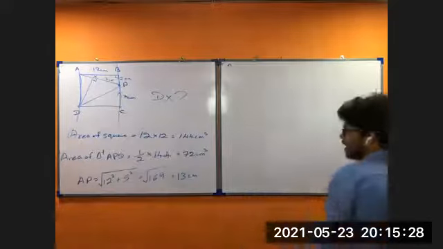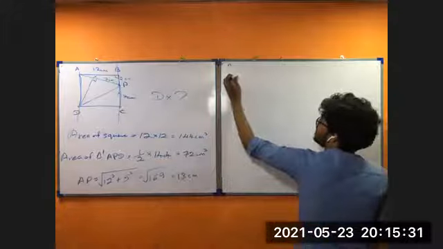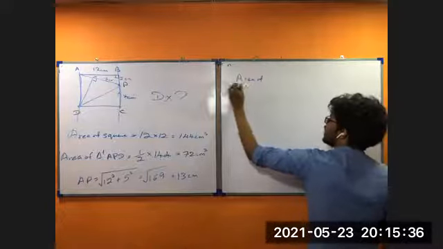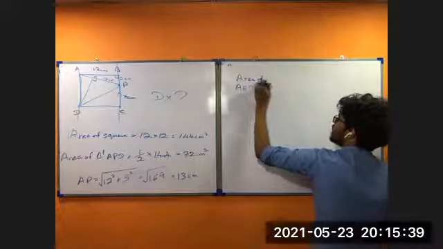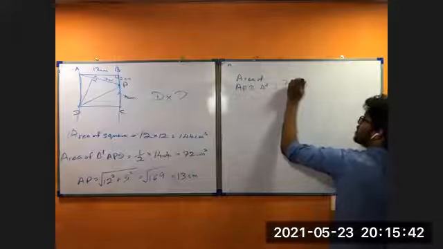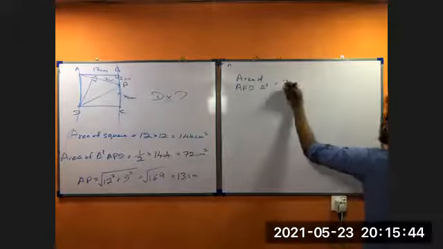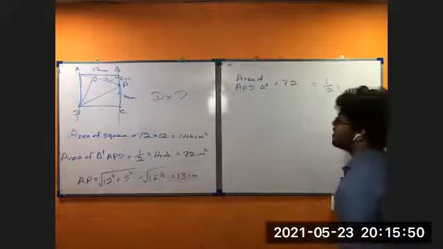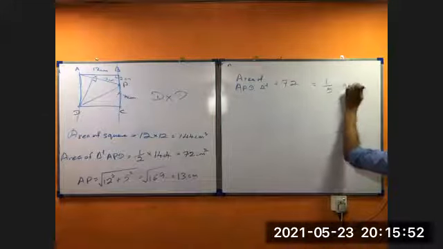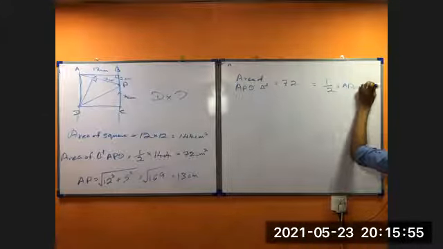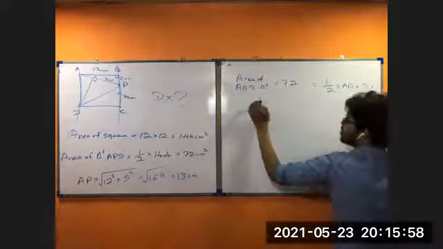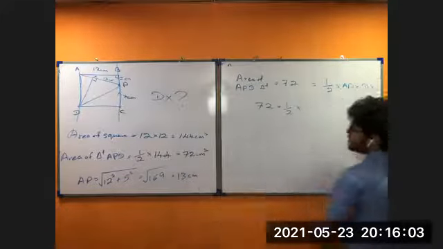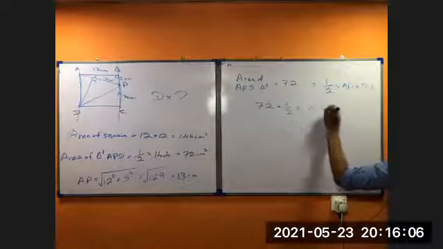Therefore, you can write the area of APD triangle is equal to 72 centimeters squared, or let me just write 72, is equal to what? Half into the base, that is AP, into the perpendicular height, which is DX. So 72 is equal to half into AP, which you already found, 13, into DX.